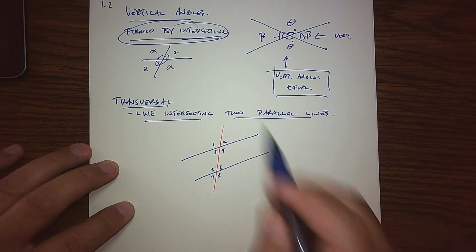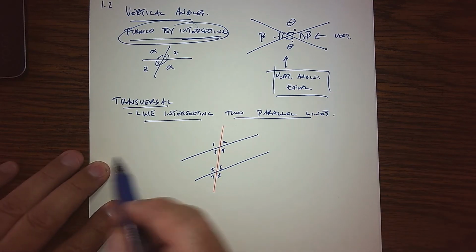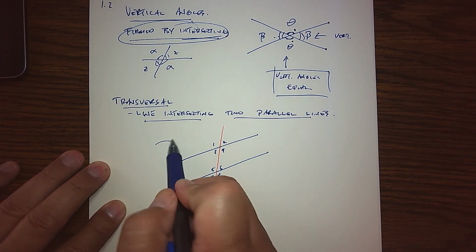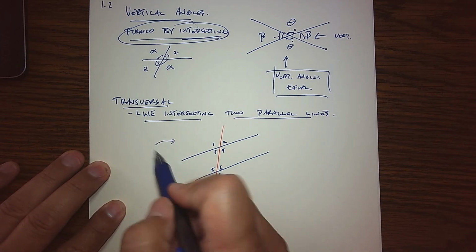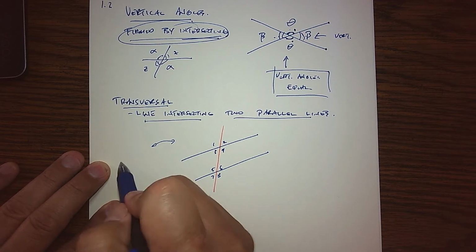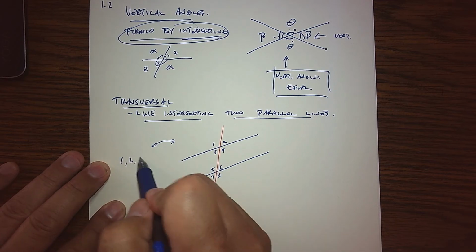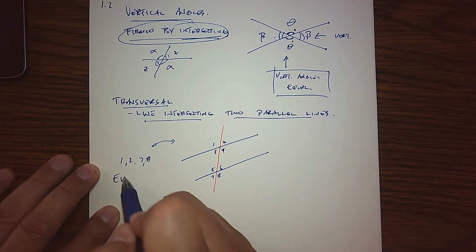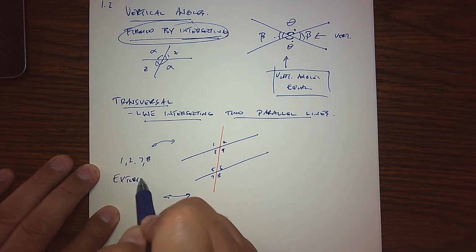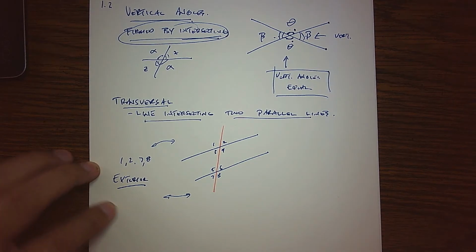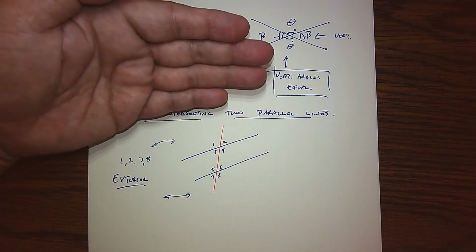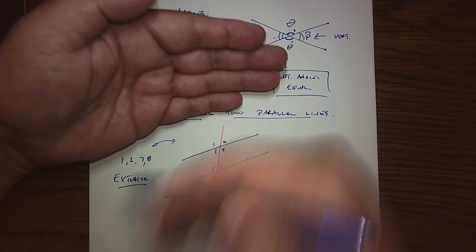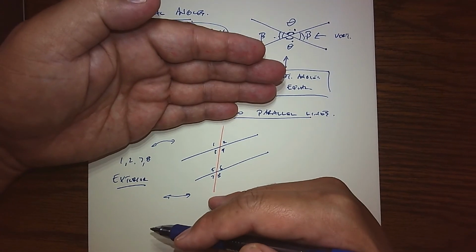And giving you some information about what we have, up here and down here, angles 1, 2, 7, and 8, those angles are what are called exterior angles. The reason we're calling them exterior is because they're kind of outside, above and below the parallel lines.